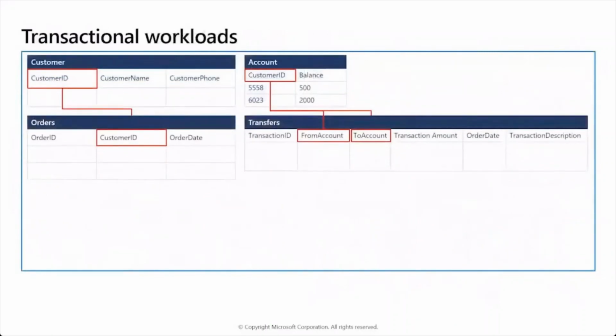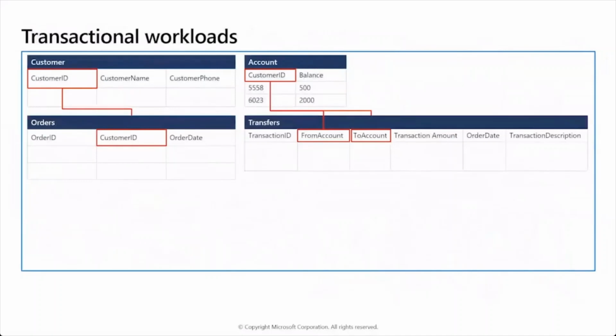Now, transactional systems are often quite high volume. Sometimes they can handle millions of transactions in a single day, and so the data being processed needs to be accessible very quickly. The work performed by a transactional system is often referred to as an online transactional processing system, or an OLTP system.